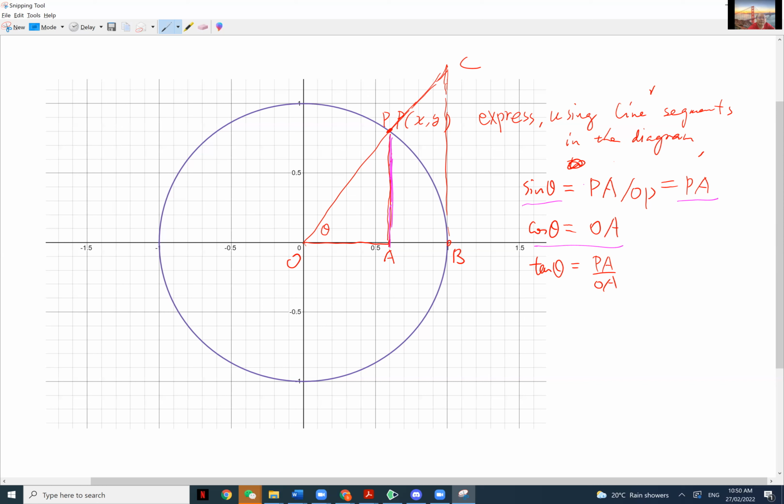For cos, just here. Not OP, OP is 1. Tangent theta is not 1 here.